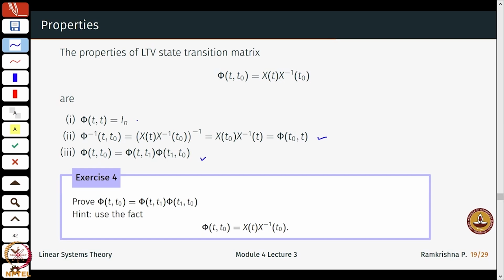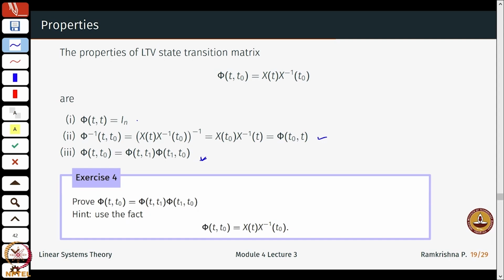The first one is trivial, the second one is also easy to show, the third one you just say that these are two equal functions, so just check what happens to them at some initial condition, say (t0, t0), and then check if they satisfy the same differential equation, then the two functions are the same.